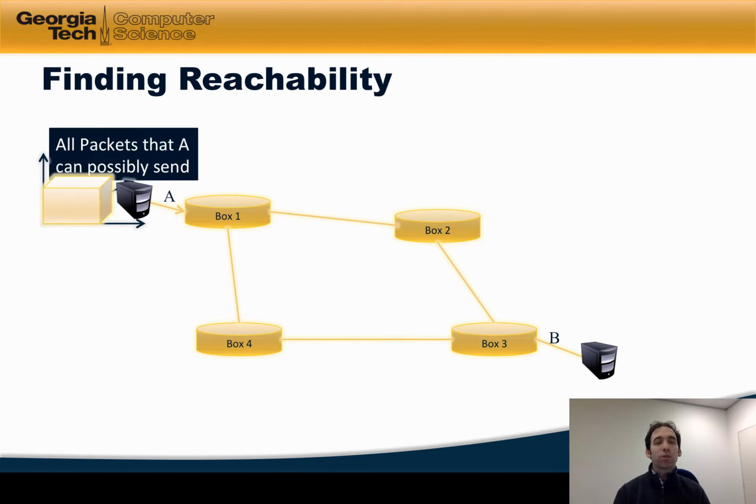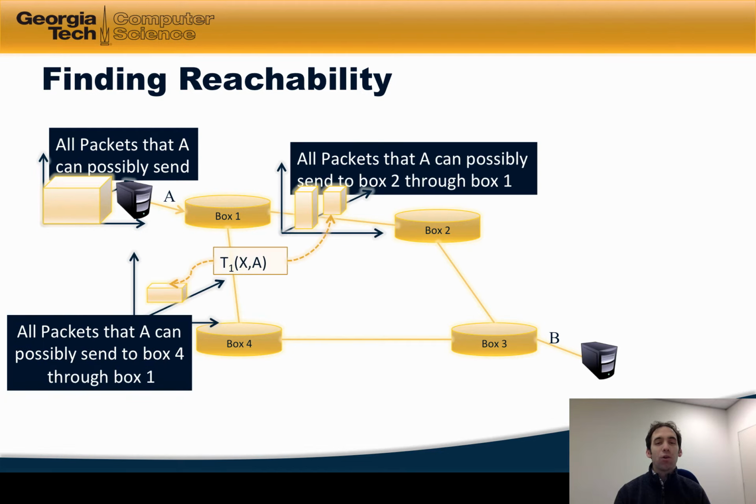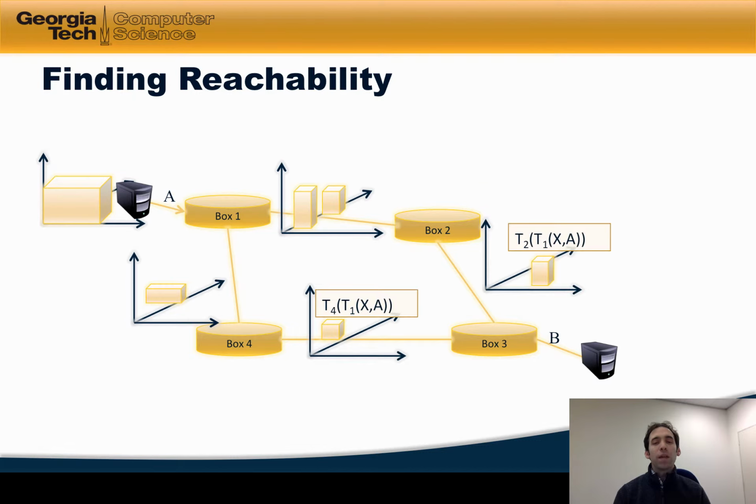We can, for example, determine all packets that A can possibly send. This is computed as all packets that A can possibly send to box 2 through box 1, and all packets that A can possibly send to box 4 through box 1. Repeating this process gives us different header spaces that we can then apply transfer functions to further along the path at box 3.